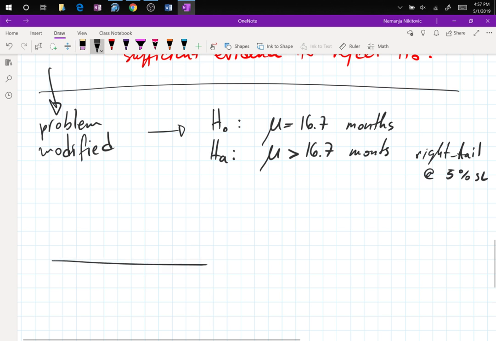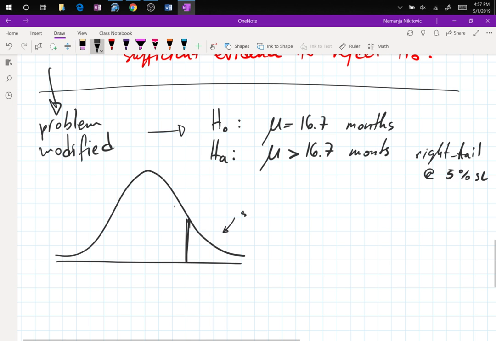And what is the number that is the cutoff now? So when I draw the distribution, I only have one side. So now my 5% is here, and the rest is 95%. And this 5% is the reject, and this is do not reject.